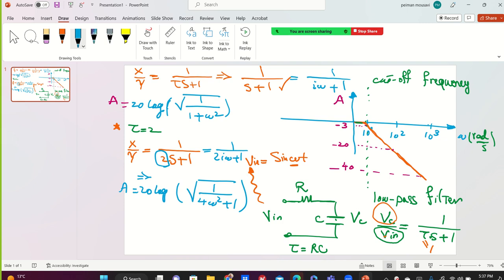So how much is the cutoff frequency for this system? Guess it, guys. How much is the cutoff frequency for this system? Can you find it? The cutoff frequency that was giving the minus 3 A here was 1 radian per second.